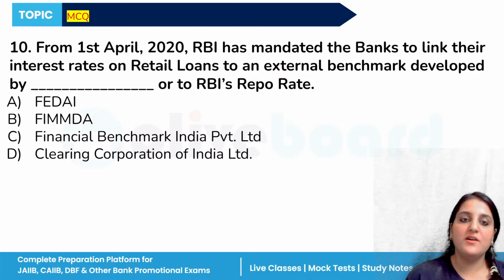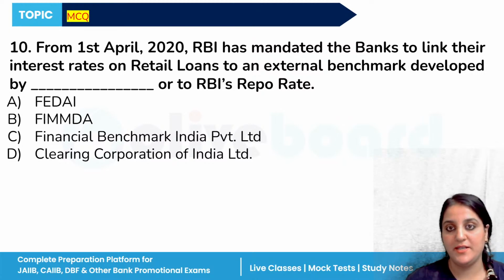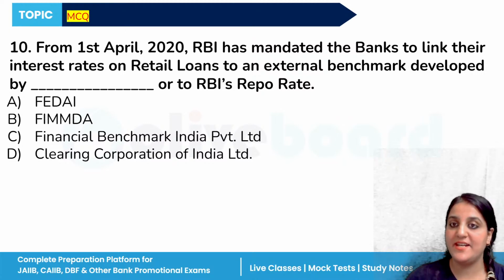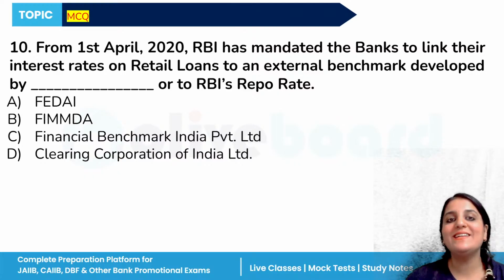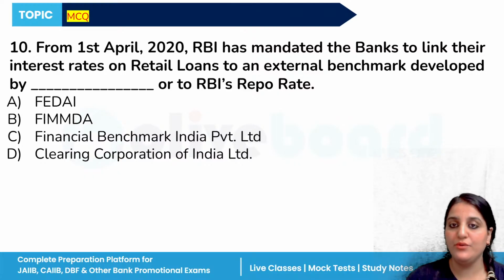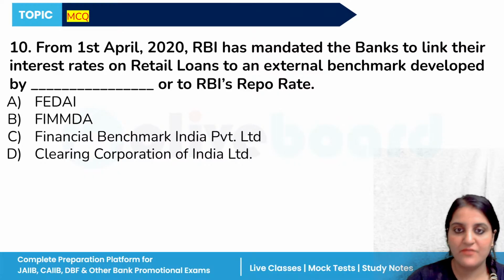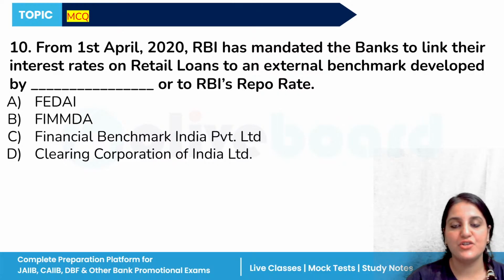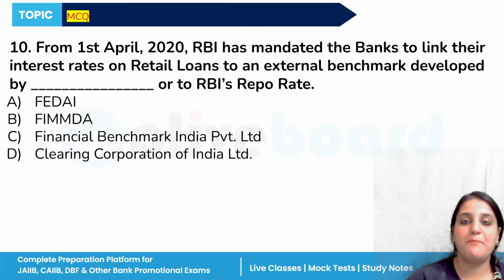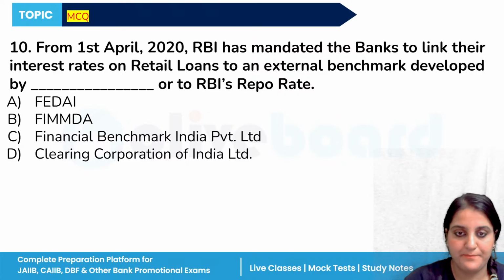Now, from 1st of April 2020, RBI has mandated the banks to link their interest rate on retail loans to an external benchmark which is developed by dash, or to the RBI's repo rate.